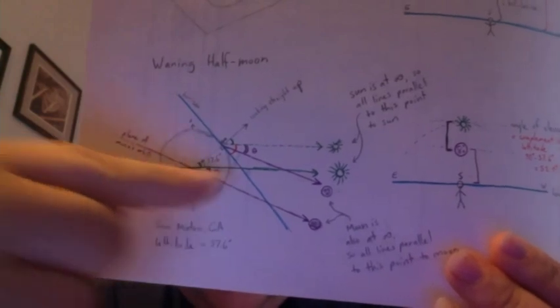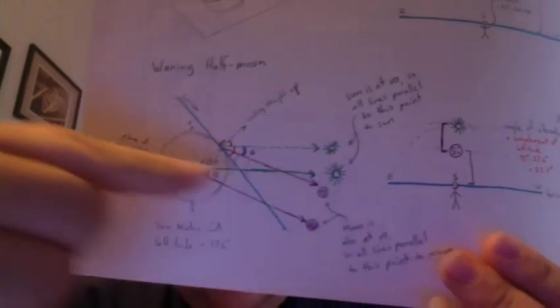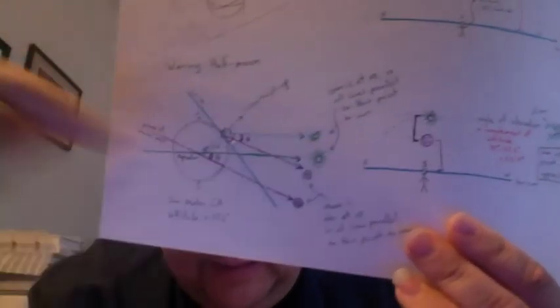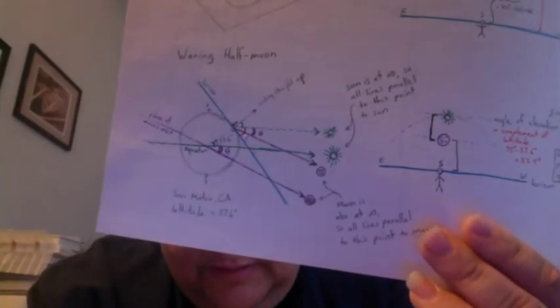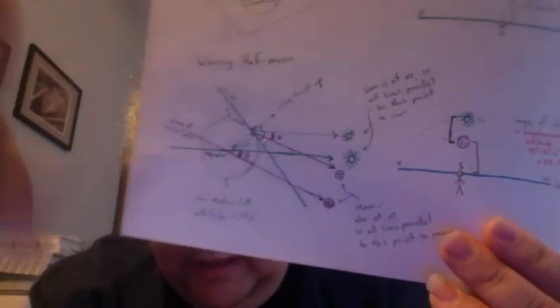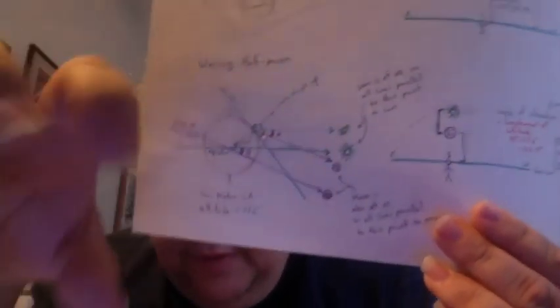So we got the Earth on the equinox. That is the day that the plane of the Earth's rotation aligns with the sun, which means that the sun is directly above the equator. Oh, okay.